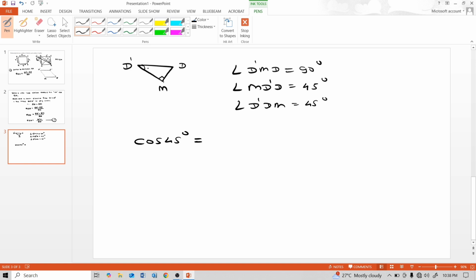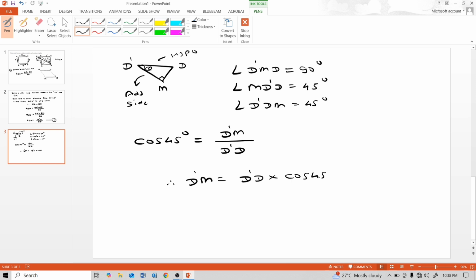Here theta is 45 degrees, the adjacent side is D dash M and the hypotenuse is D dash D. Therefore D dash M is equal to D dash D multiplied by cos 45 degrees. This is equation A.